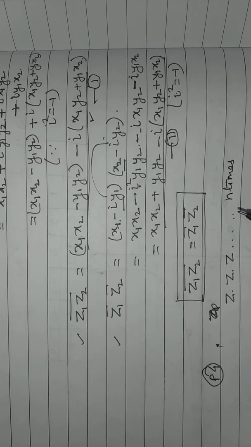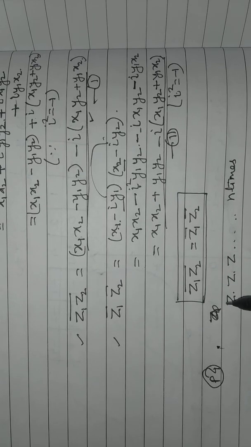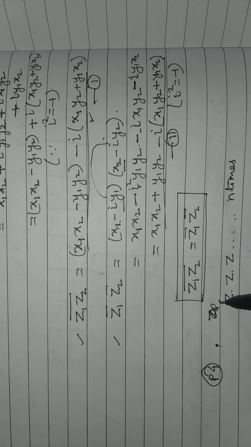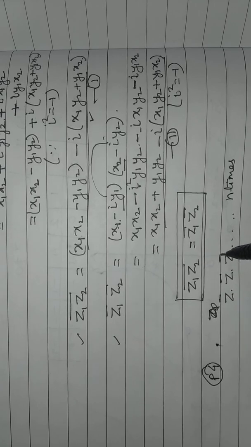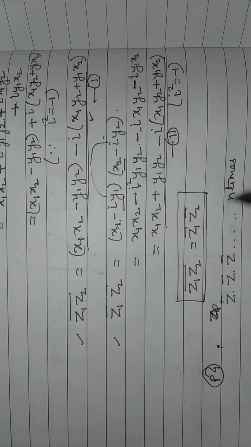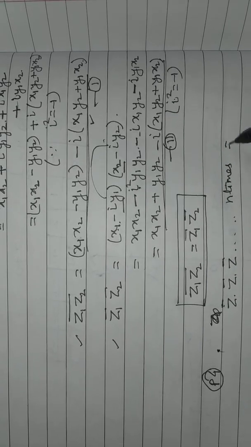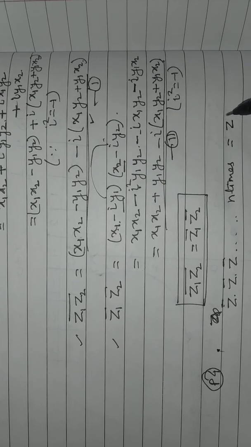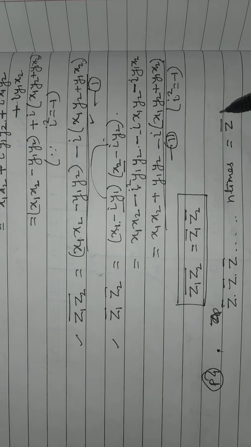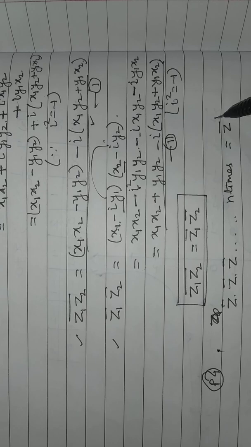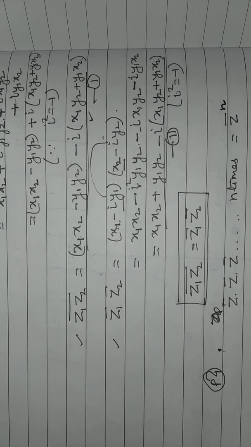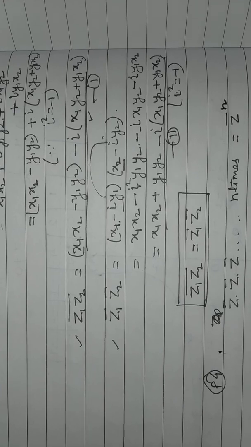And we are taking the conjugate of this. How many times? n times. So it is equal to z conjugate to the power n, z conjugate to the power n.